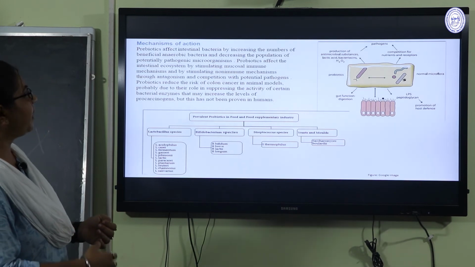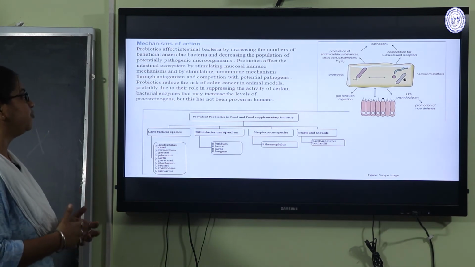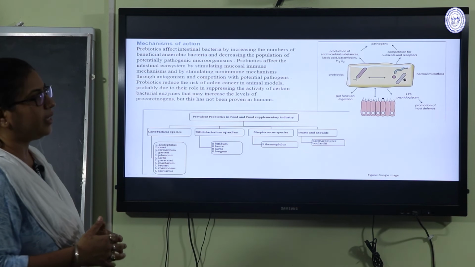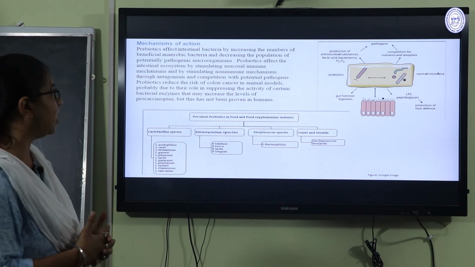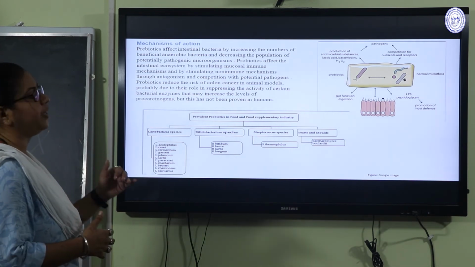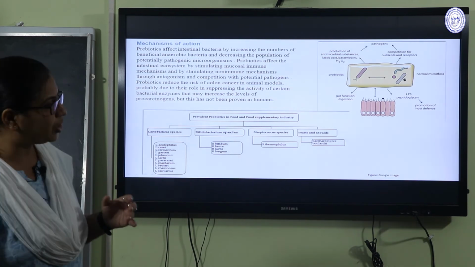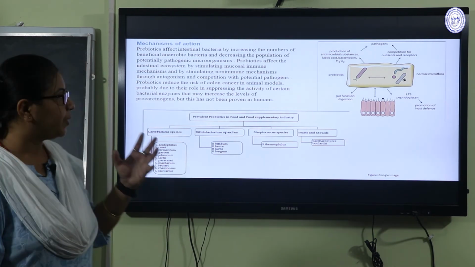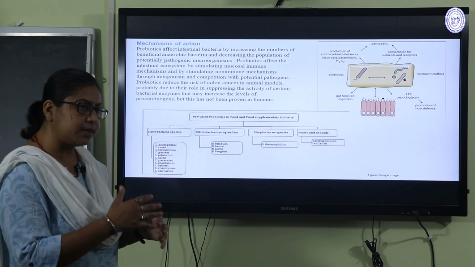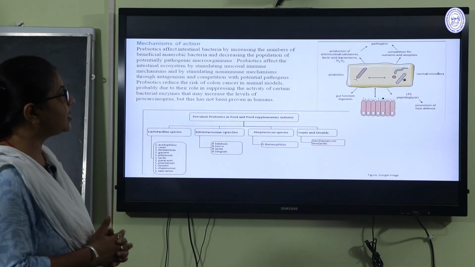So coming to the mechanism of action of the probiotic food products. What the probiotic food does for us is that it affects the intestinal bacteria by increasing the health benefits of the gut system. How is it done?